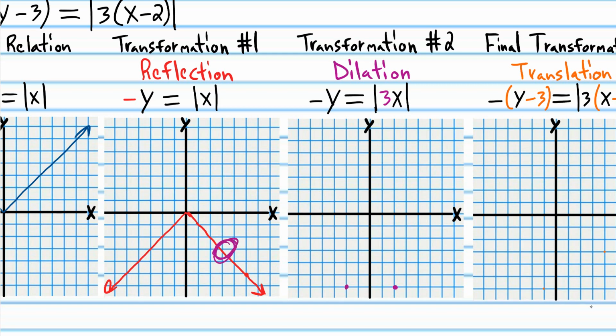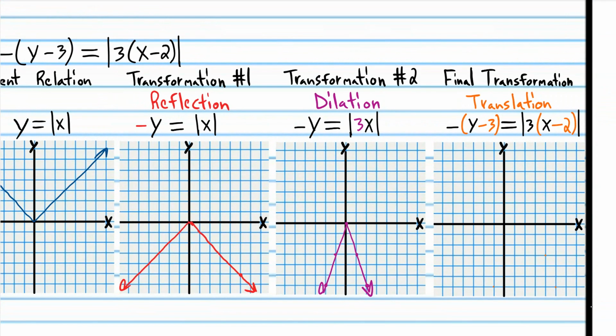And this point here has an x value of 3. Divide by 3, we get 1. Same thing on the other side. And so now we connect the dots. So what we did is we compressed horizontally. It's a horizontal compression. We took this graph and we pushed inwards to get the purple graph.